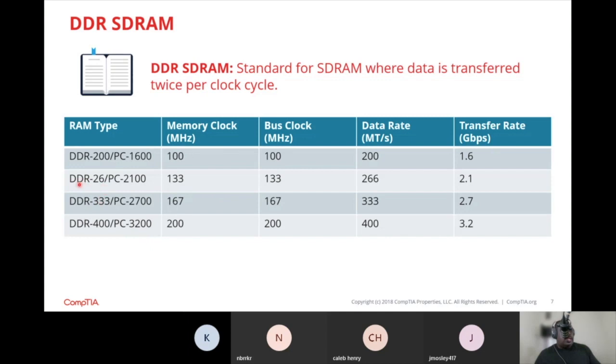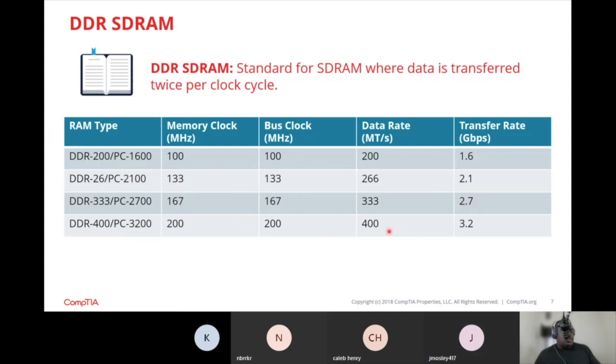Then you have DDR 266 or PC 2100. It moves at 133 memory clock, bus speed 133, data rate 266, and moves at 2.1 gigabits per second. PC 2700, 333, 2.7 gigabits per second.